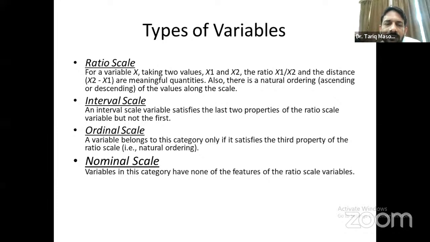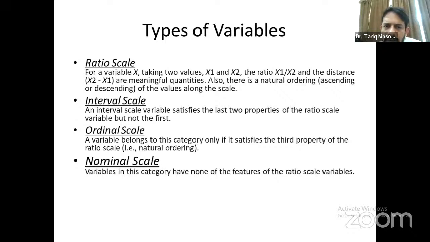Last one is nominal scale, and nominal scale variables are purely qualitative variables. They do not satisfy any of the properties of ratio scale variables. So there is no meaning of ratio, no meaning of distance, and also there is no ordering. An example is gender, male and female.